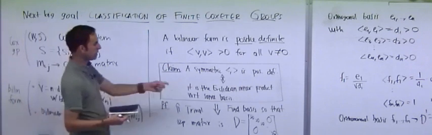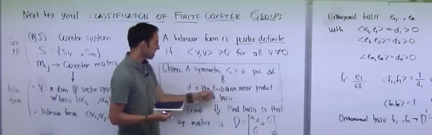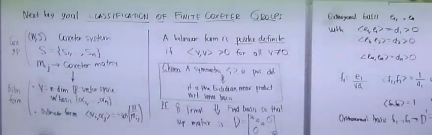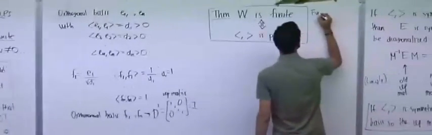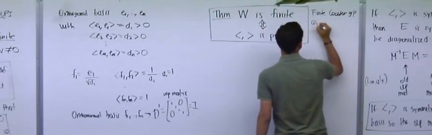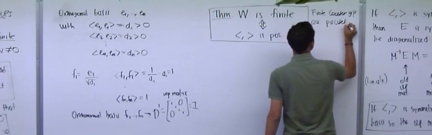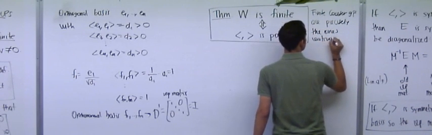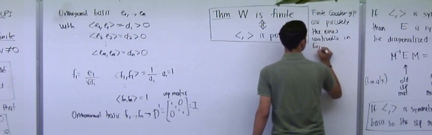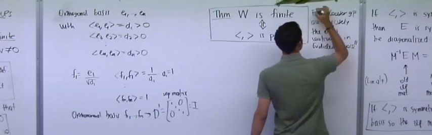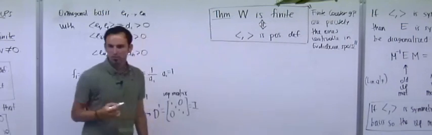Because of this claim that positive definite forms are exactly the ones that are Euclidean, this theorem is exactly what I have been referring to, that finite Coxeter groups are precisely the things that you can realize in Euclidean space. And this is the informal statement that I have made several times in this course, and now we're going to actually prove it.